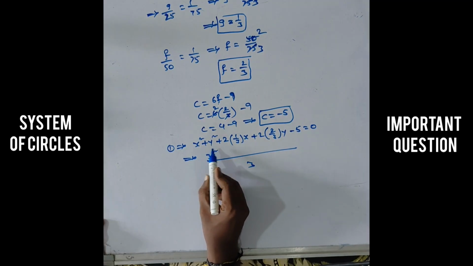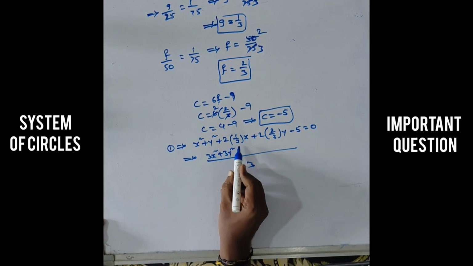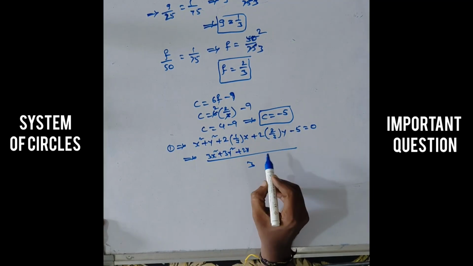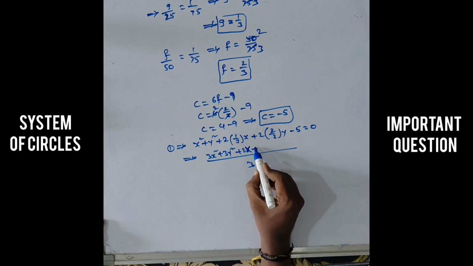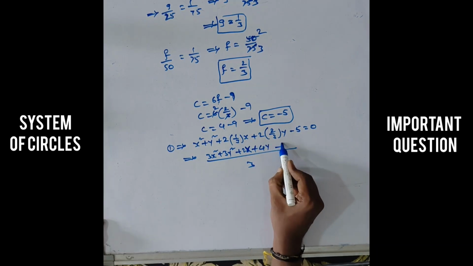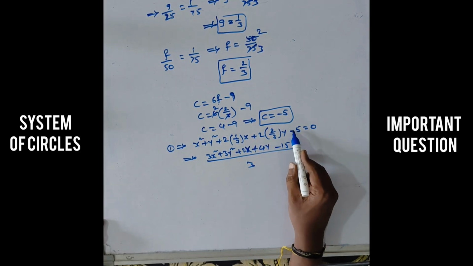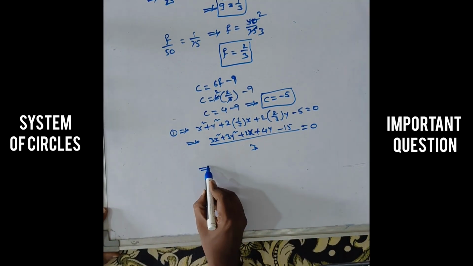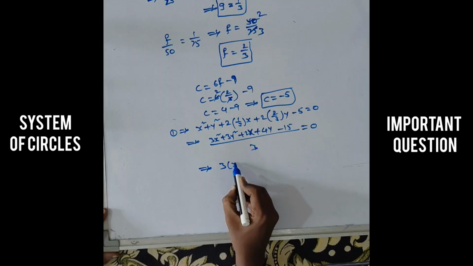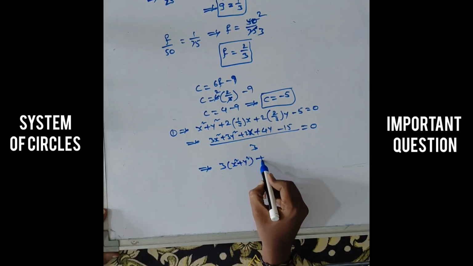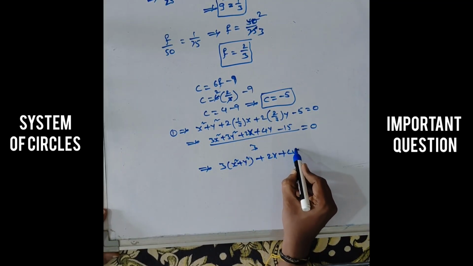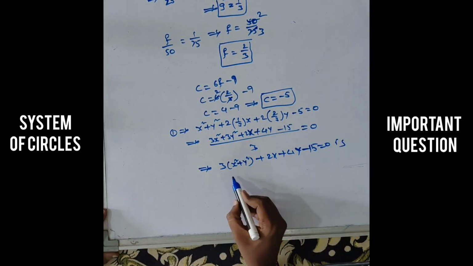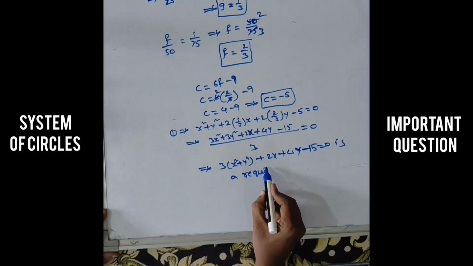So 3x² + 3y² + 2x + 4y - 15 = 0. This can be written as 3(x² + y²) + 2x + 4y - 15 = 0, which is the required equation of the circle.